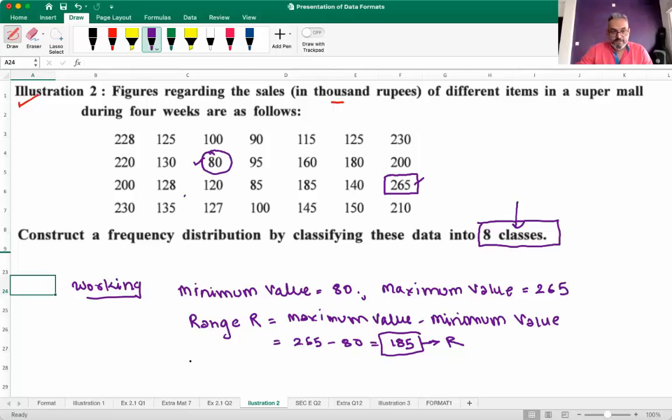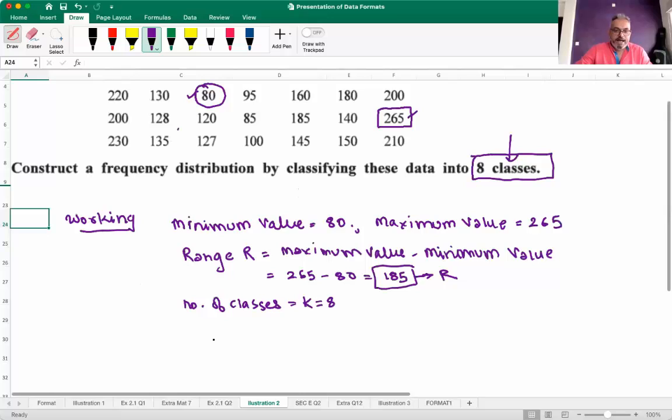Number of classes is denoted by k, which is equal to 8. So now let's find out class length.